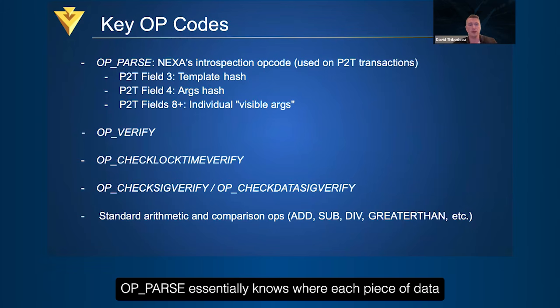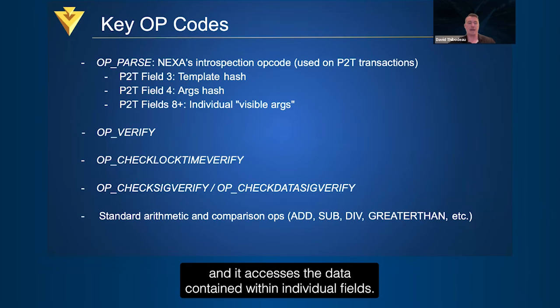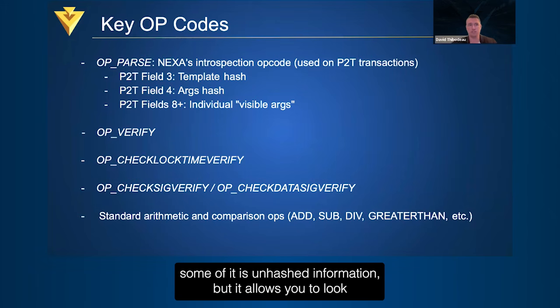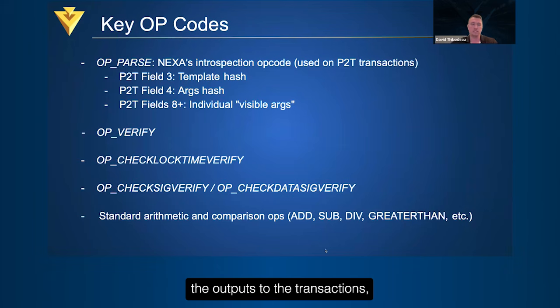OP_PARSE essentially knows where each piece of data is inside of the hex transaction. It operates like a template and it accesses the data contained within individual fields. Some of that is hashed together, some of it is unhashed information, but it allows you to look at the transaction structure, the inputs to the transactions, the outputs to the transactions, destination addresses, so which wallets are being paid. This allows you to inspect the entire transaction structure.